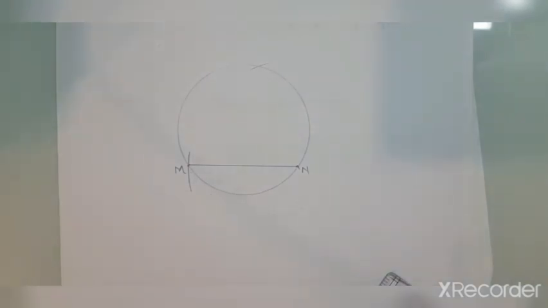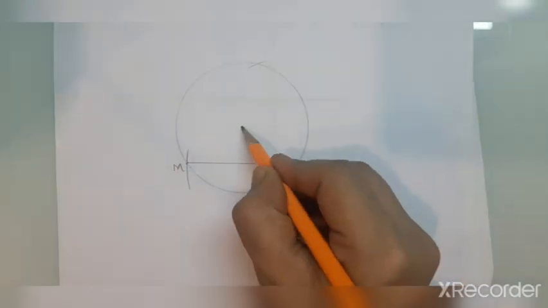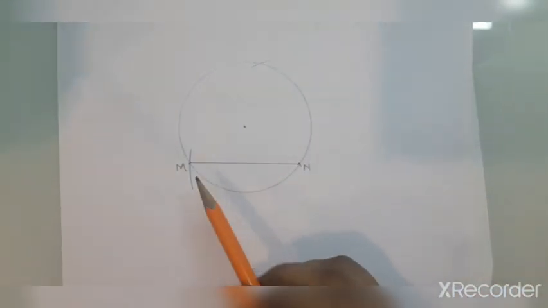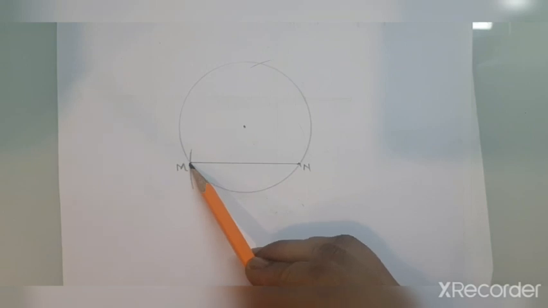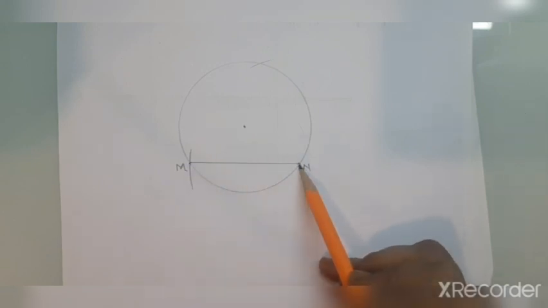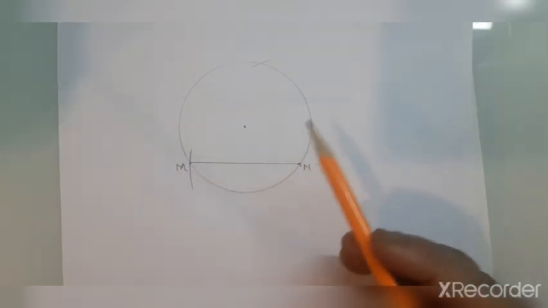Now, the next step: let me mark the center. Now we have to draw the tangent passing through M and N, from a point outside.